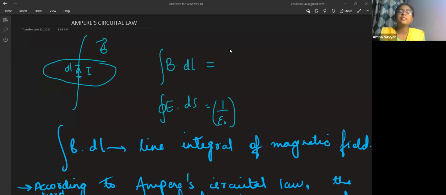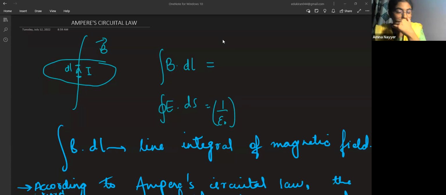Okay, see, Shavis, I am saying suppose this is a wire which is carrying current. I have chosen a random loop around it like this. Now you can see through this loop, a very small portion is being enclosed, right? So I have taken a very small portion dL, which we call the current element.